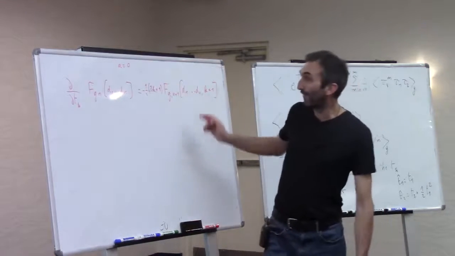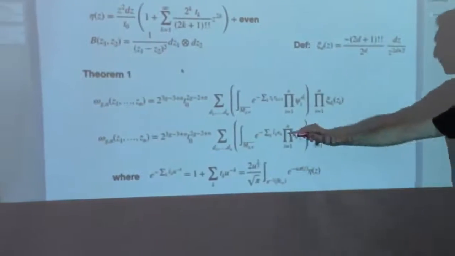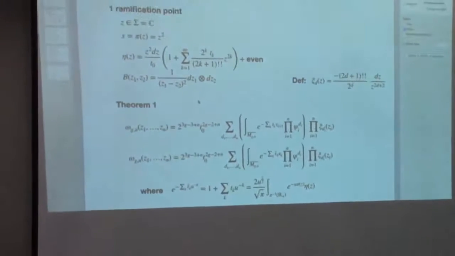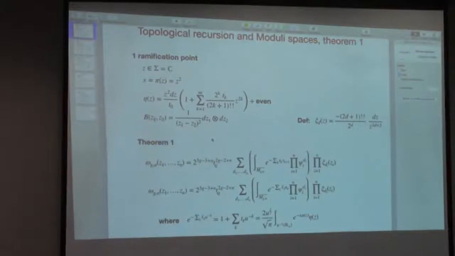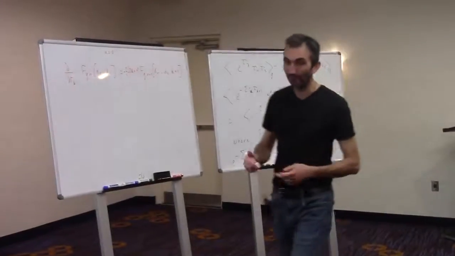The solution to that is clearly that. And the next line is obtained by Arbarello-Cornalba. So this is just a sketch of a proof. You have to believe me, but it can be proved by recursion from the topological recursion. And it's a general property of topological recursion.